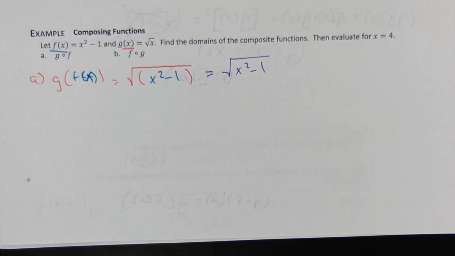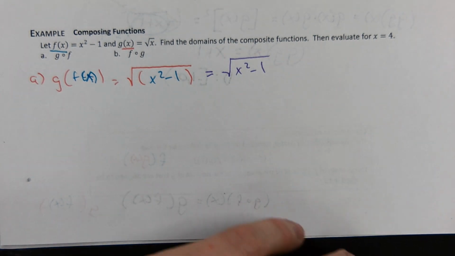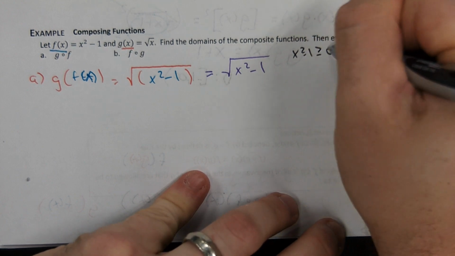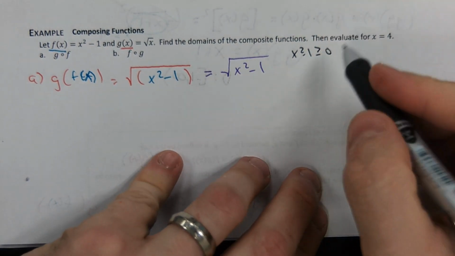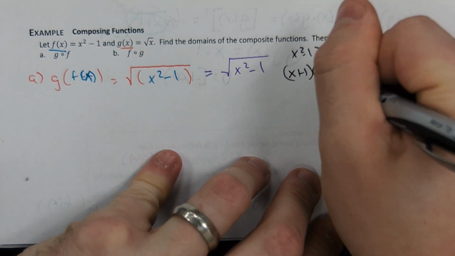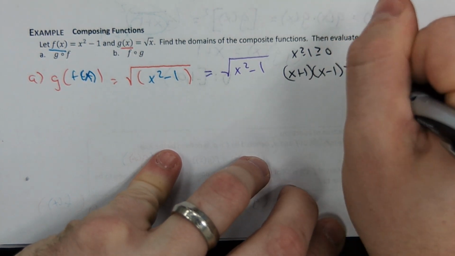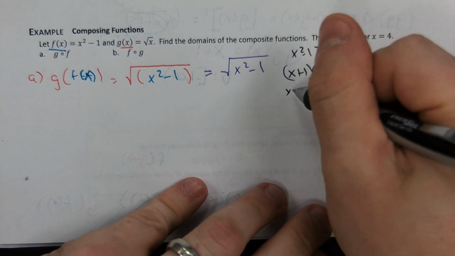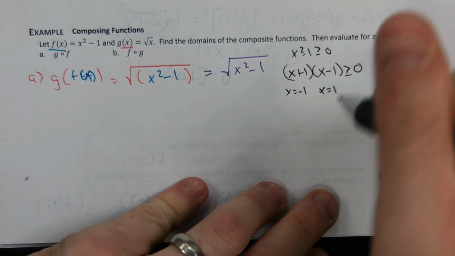That means whatever's underneath that radical better be positive or 0. So you factor it. We did do these in chapter 3, quadratic inequalities, and the only way to solve them is by using a sign diagram. This has two critical values, x equals -1 and x equals +1.